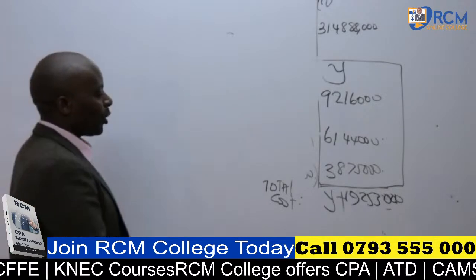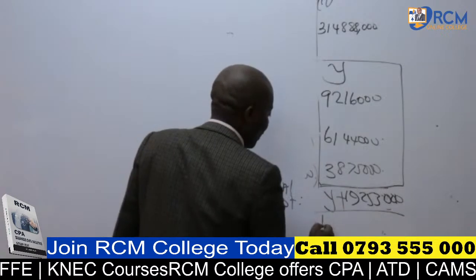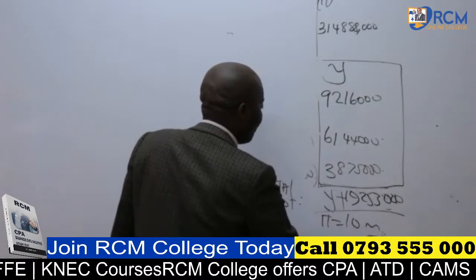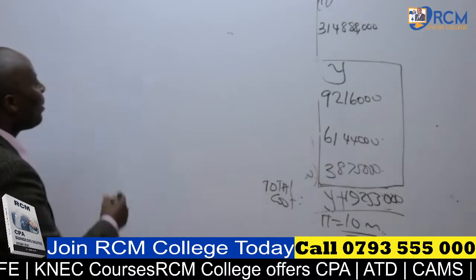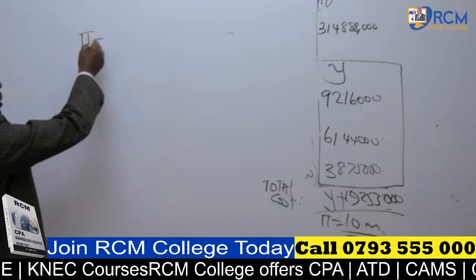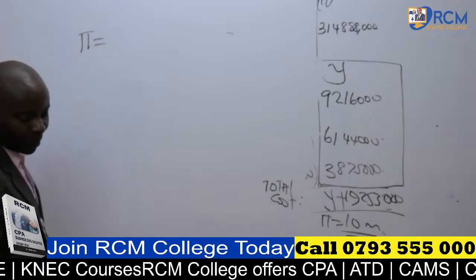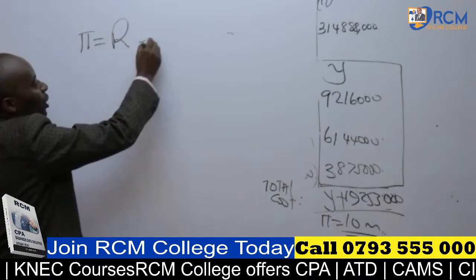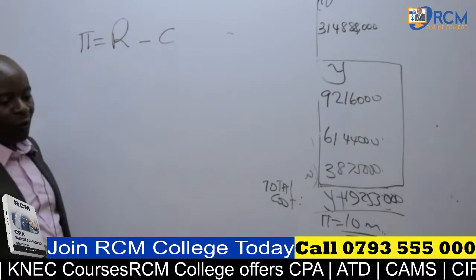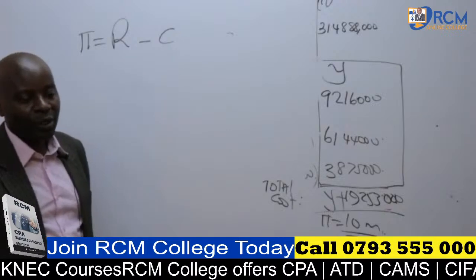Now, don't forget the profit that you want here is 10 million. And remember our profit formula. We normally say that profit equals what minus what here? Profit equals revenue minus cost.